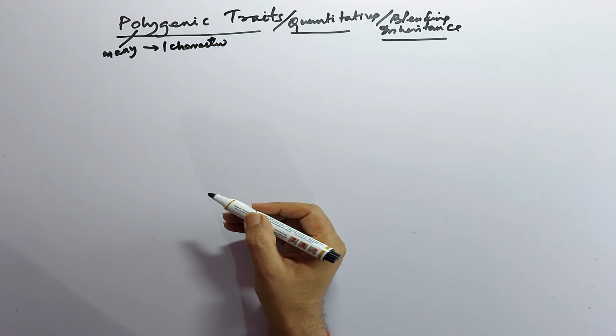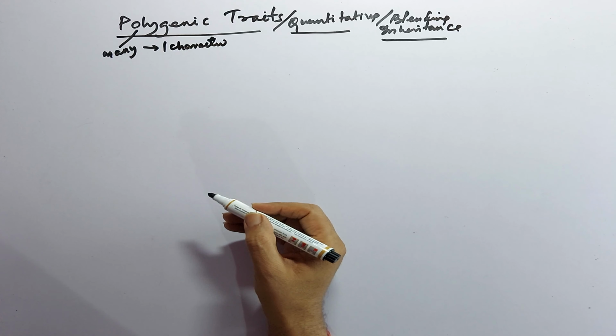So here the character for this kernel color is dependent on 2 genes, A and B. I am just writing the heterozygous conditions and we will discuss what happens.